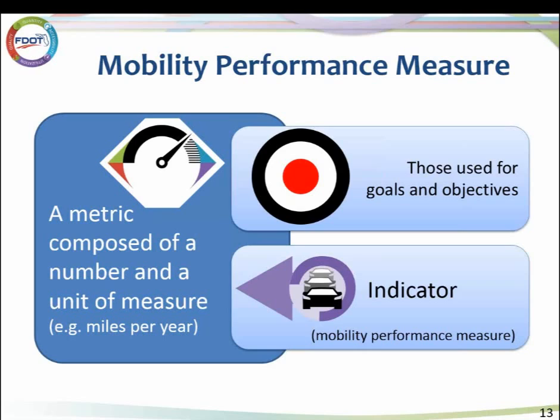There are two main performance measures the department is working with or reporting on an annual basis right now. One of those is the percent of, let me say, sidewalks along state highways. So we're monitoring it, and the goal is to increase it over time.